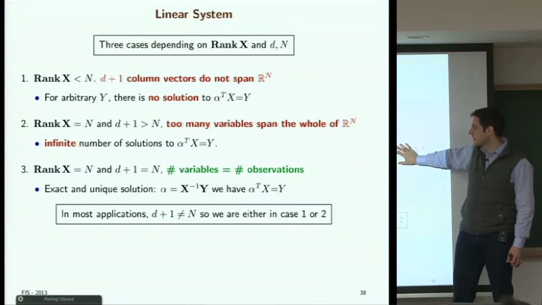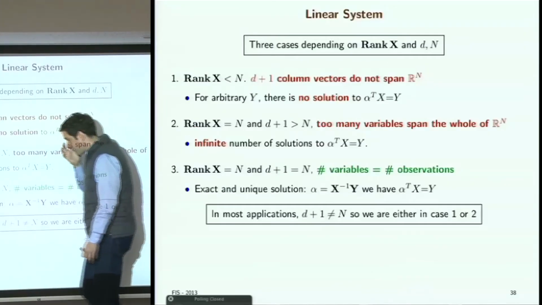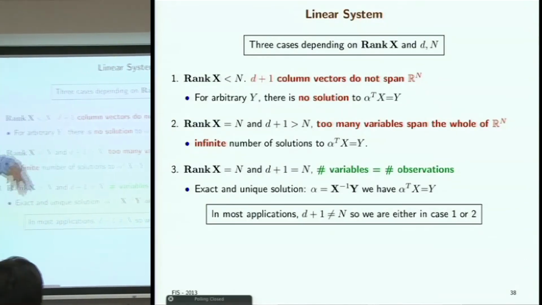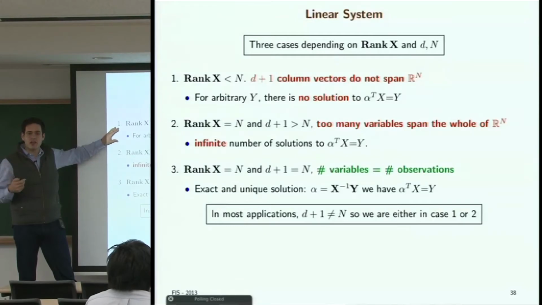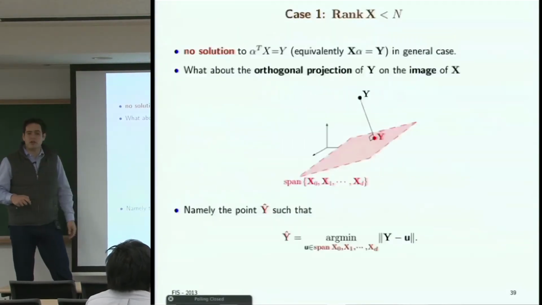This is really important. As a paradox, the case where there's no solution is actually the one that's easier to solve. Because if there's no exact solution, what we try to do is select the projection.